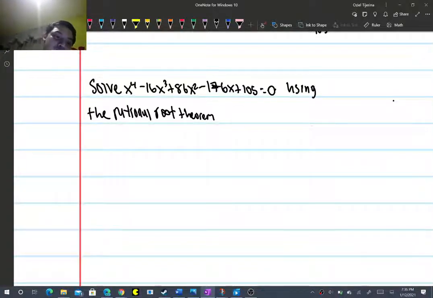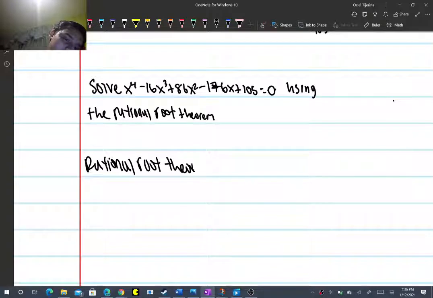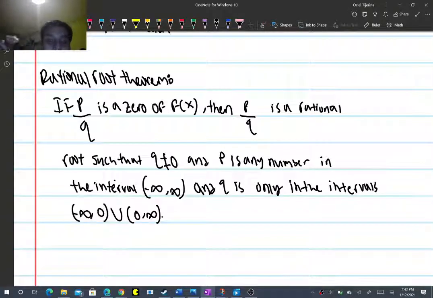What the rational root theorem says, let's see, hold on. Okay, so what this is saying here, I know that it sounds really complicated, so I'm going to read it to you.